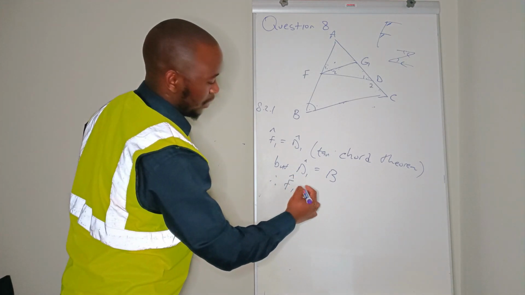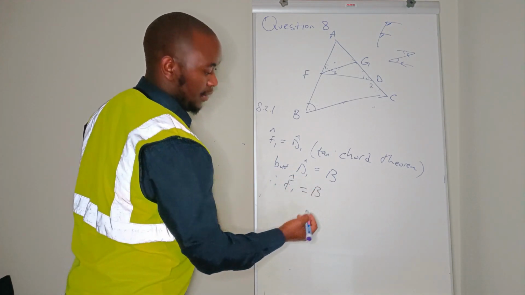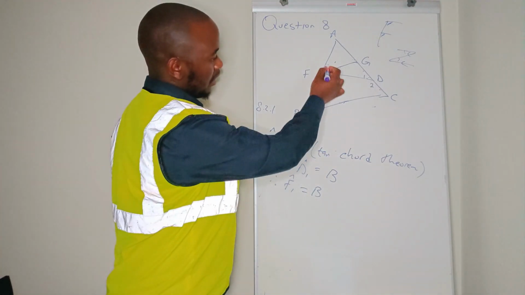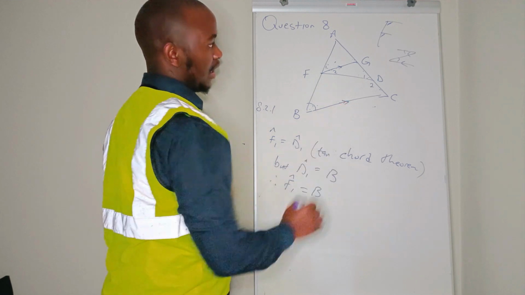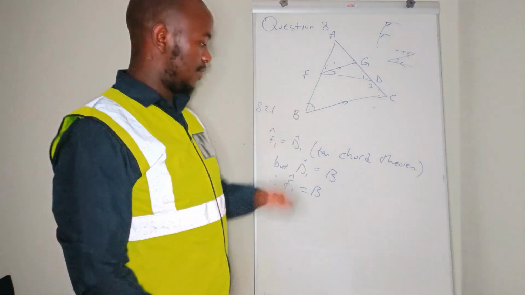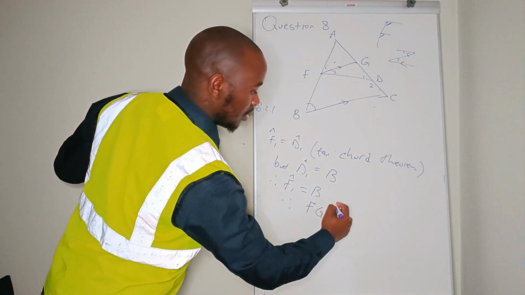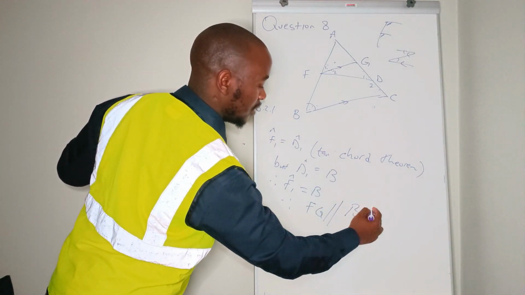Easy, right? So F1 is equal to B, and then if these are equal, we have a corresponding angle in there. Therefore, FG is parallel to BC.